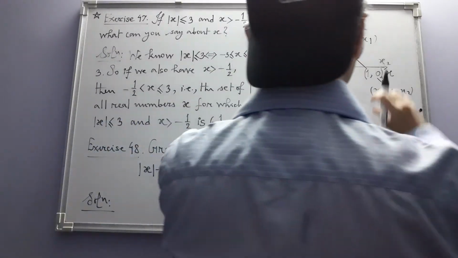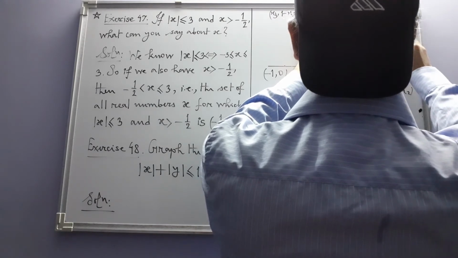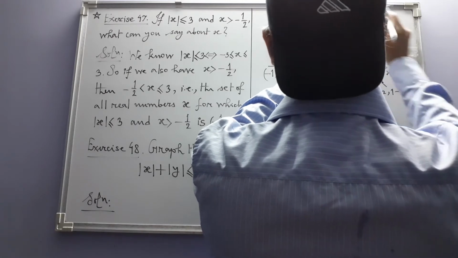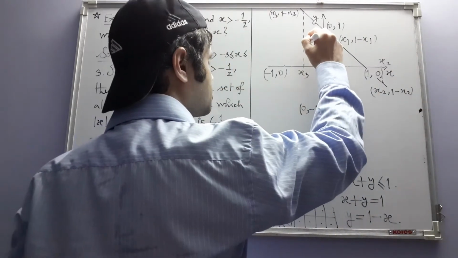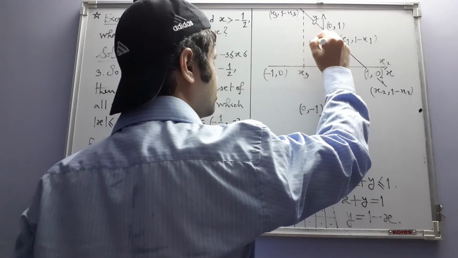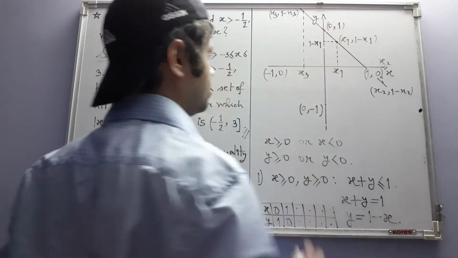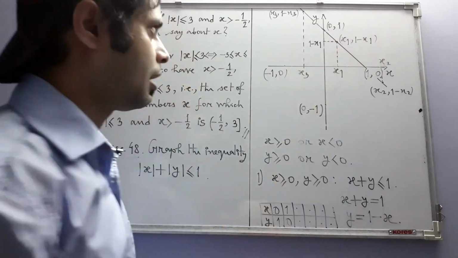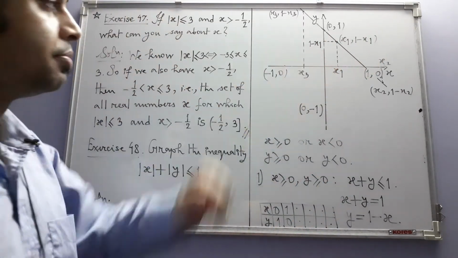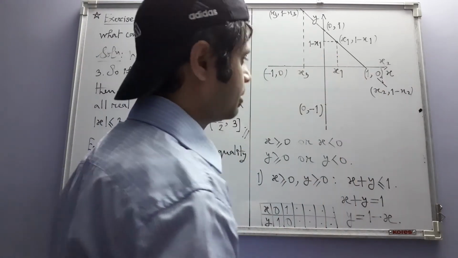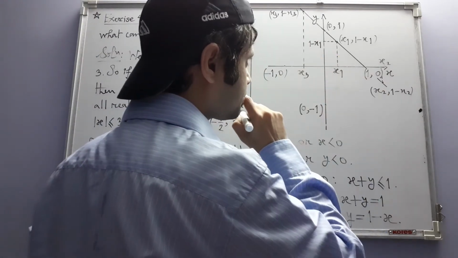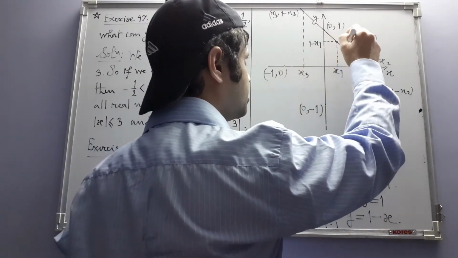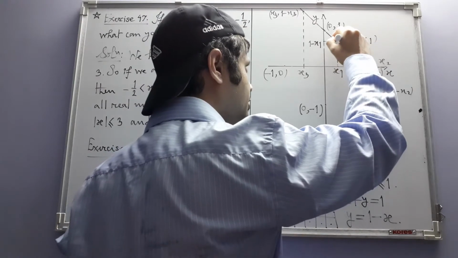This is the y value corresponding to x1, that is the real number 1 minus x1, corresponds to this point on the y-axis. That's why the coordinates of this point are x1 and 1 minus x1, according to how we draw a graph. Now, this is the value of y for which x1, comma y will lie on this point.